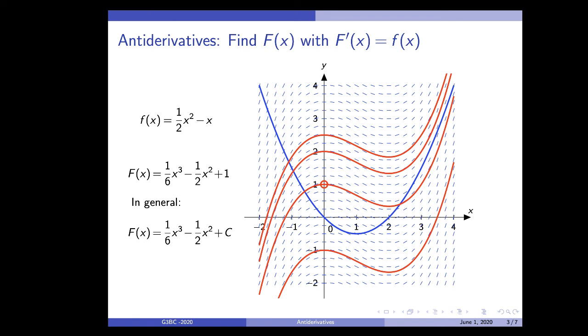But they are all parallel because for a given x, they have all the same direction. This is what defines them. So once you find one antiderivative, you can get all the others by simply adding a constant c at the end of the term of the one you found.